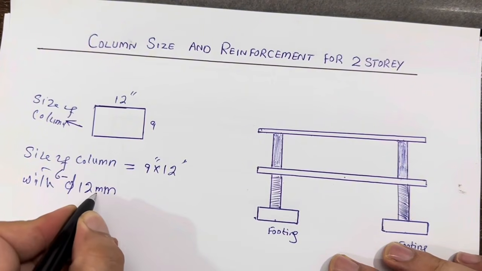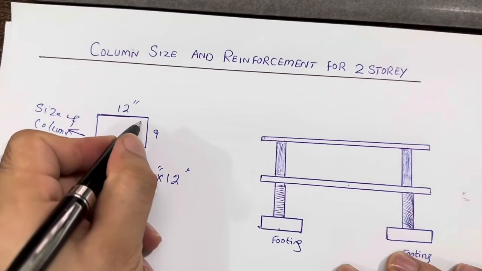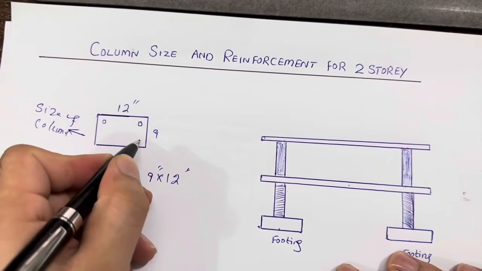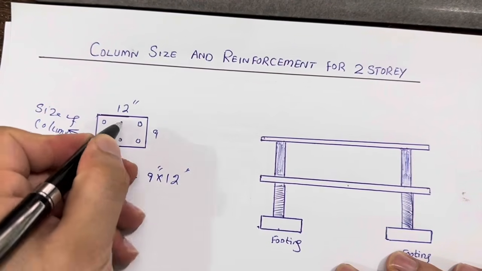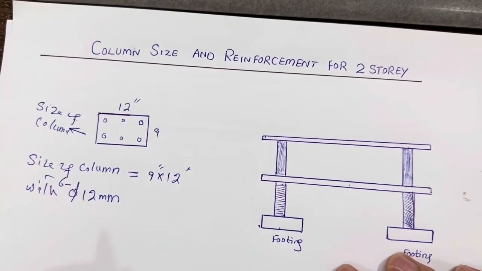It means 1, 2, 3, 4, 5 and 6. So these are longitudinal bars.